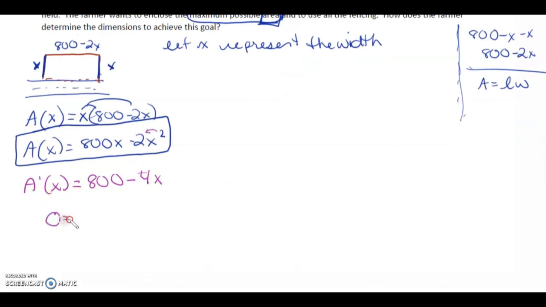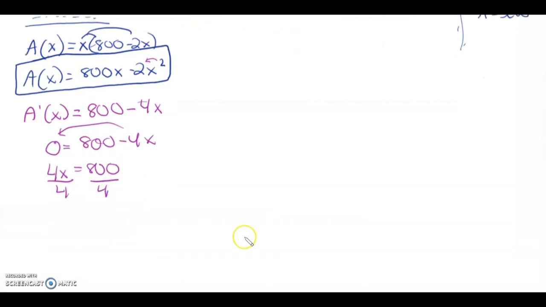That's going to be one of our turnaround points. Okay, so 0 equals 800 minus 4x. We're going to bring over the negative 4x. It changes to 4x. And then we're going to divide out that 4. Okay, so I get that there is going to be a max or min value, likely for this question a max value, when the width is 200.